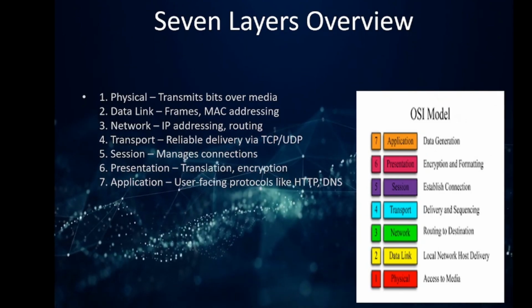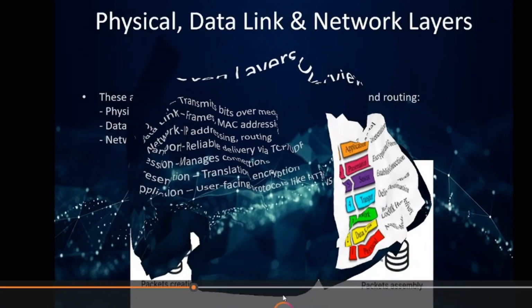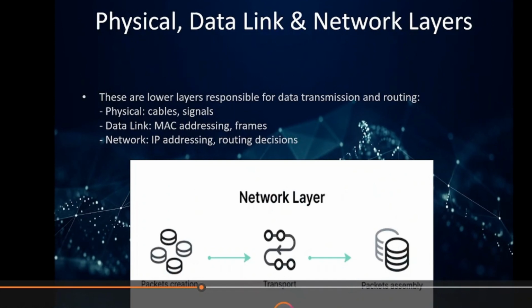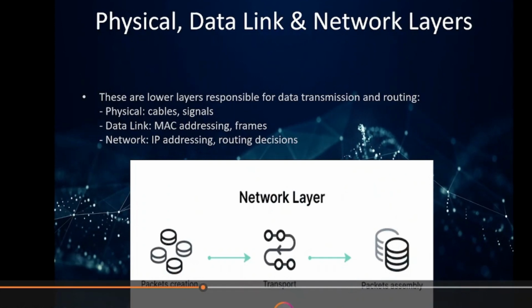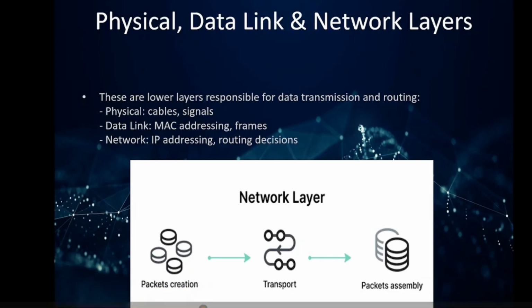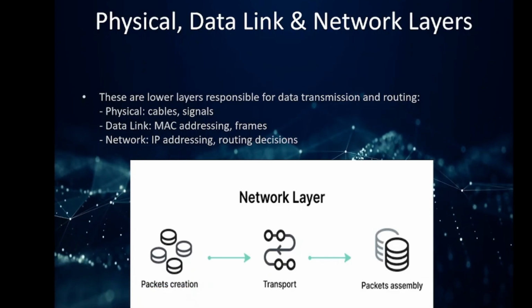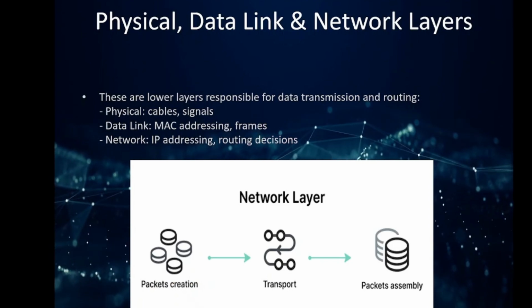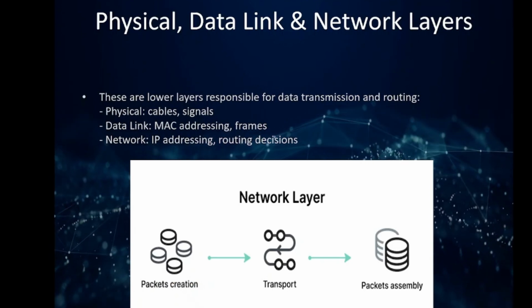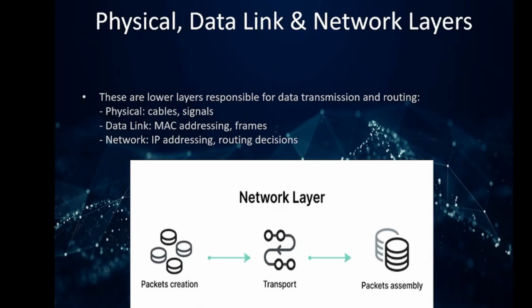Now, how does it work? When you send data from one computer to another, it passes through all 7 layers. From application down to physical, and at the receiving end it moves from physical up to application.